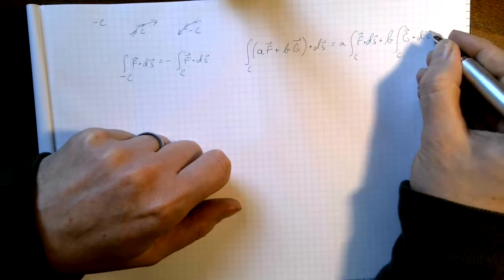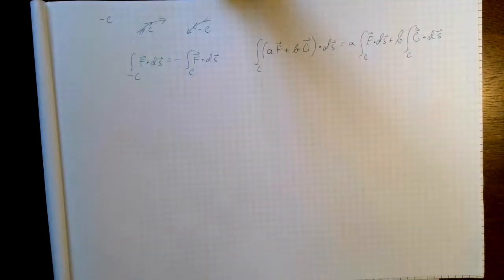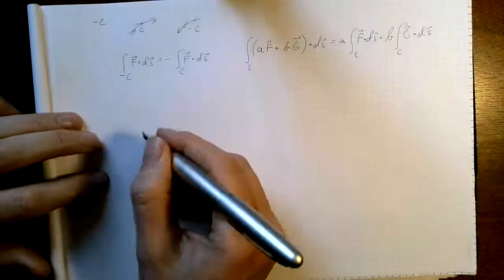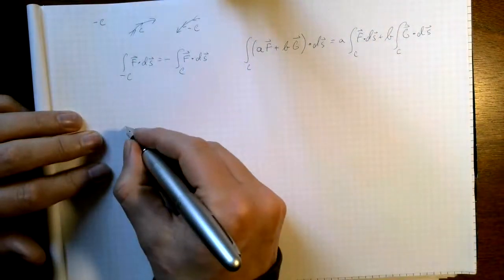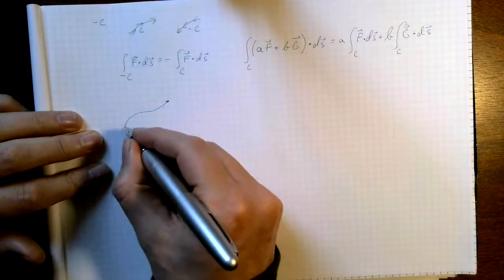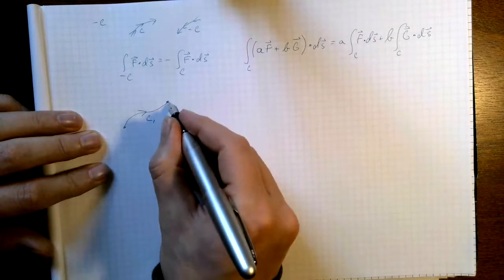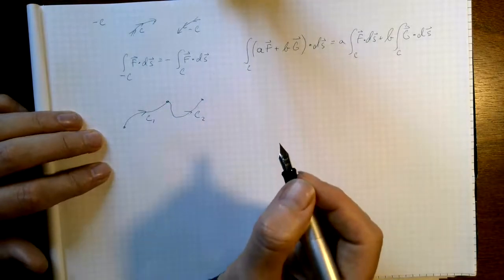Right, so that's exactly the way that we've had this before. Another thing that's useful in computations is that if I have a path, let's say C1 that goes from here to here, and then maybe C2 that goes from here to here.